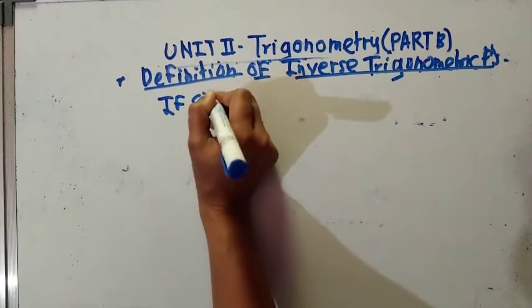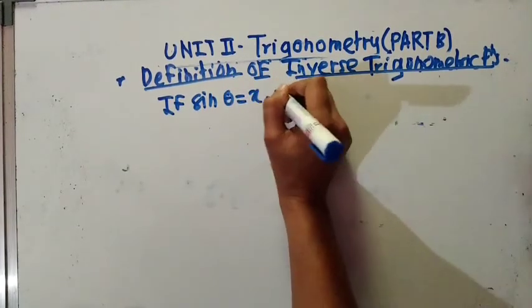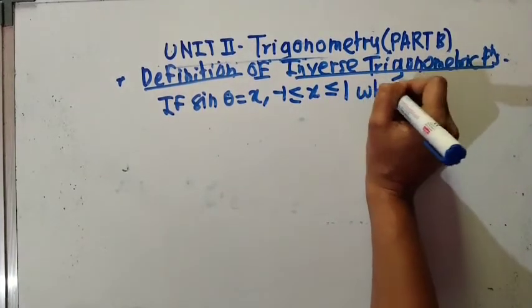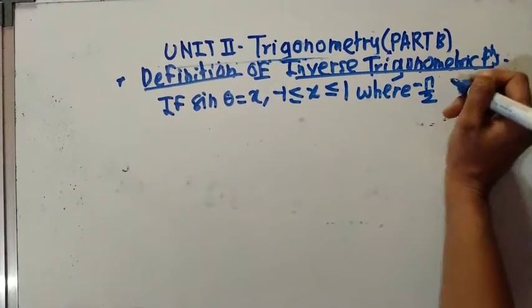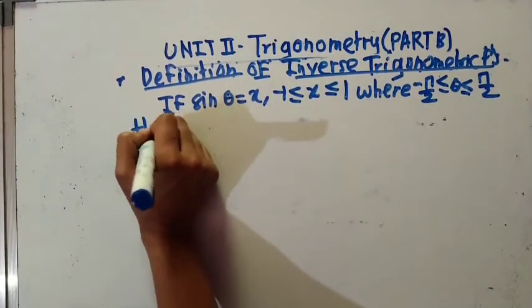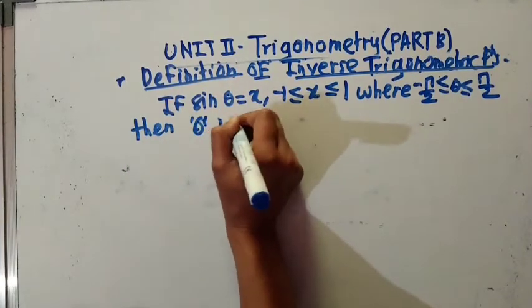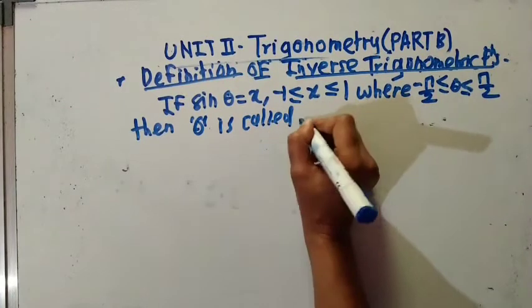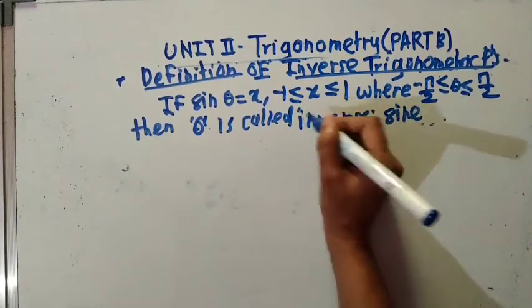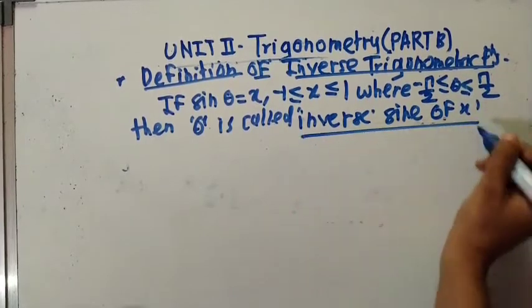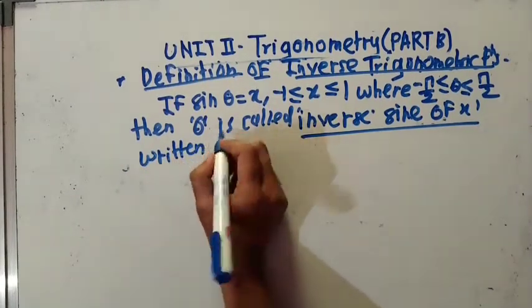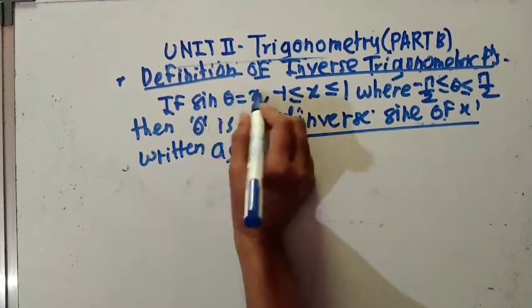If sin theta is equal to x, where minus 1 is less than or equal to x less than or equal to 1, and minus pi by 2 is less than or equal to theta less than or equal to pi by 2, then theta is called the inverse sine of x, written as theta is equal to sine inverse of x.